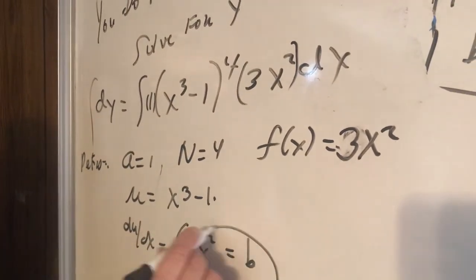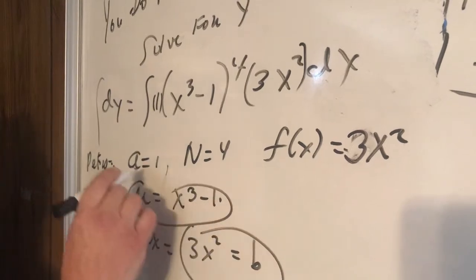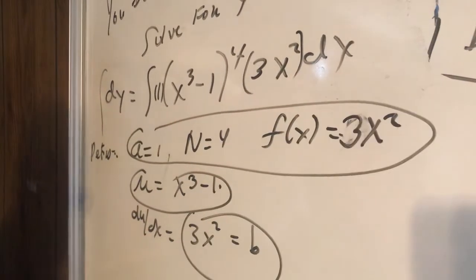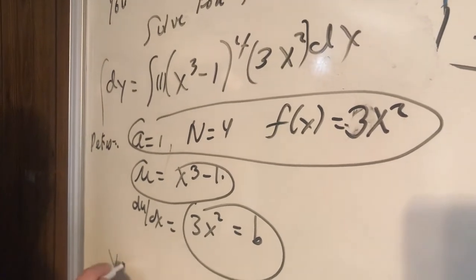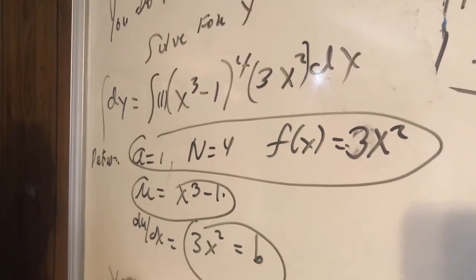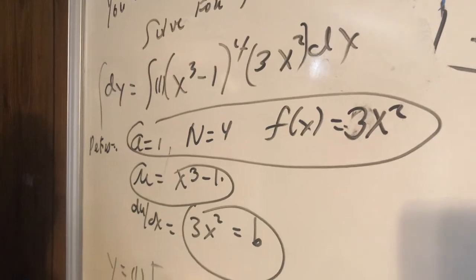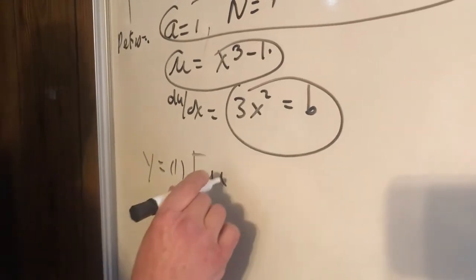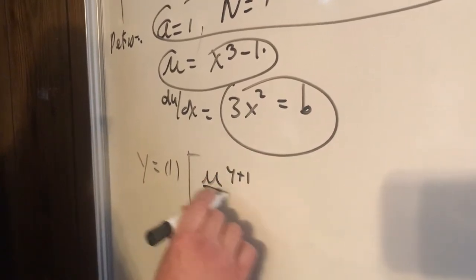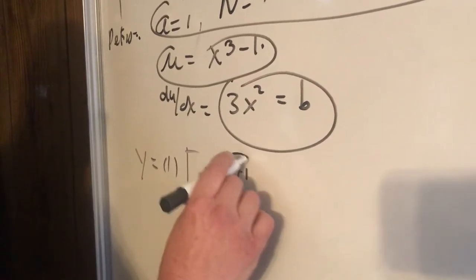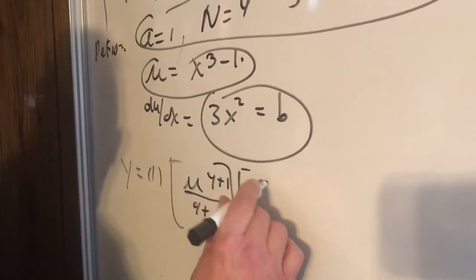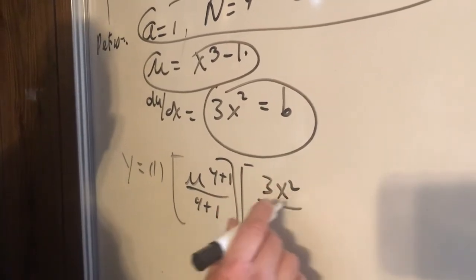Now we need b, we need u, we need these five things to substitute in there. So now our solution is going to become: A is 1, u to the n is 4, so it's u to the 4 plus 1 over 4 plus 1. Our f of x is 3x squared, and our b is 3x squared.